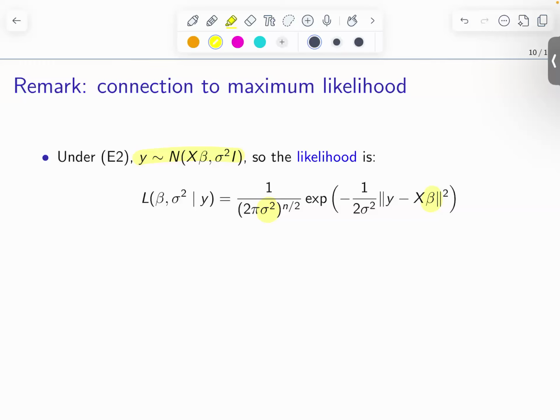So you try to maximize this function of beta and sigma squared, given the particular observation. The rationale is that this would be the set of parameters under which your observed y is the most likely, or has the highest probability among all the models in this family.